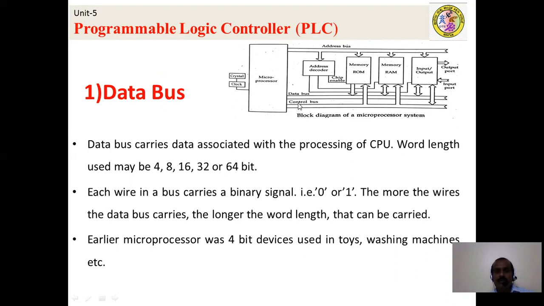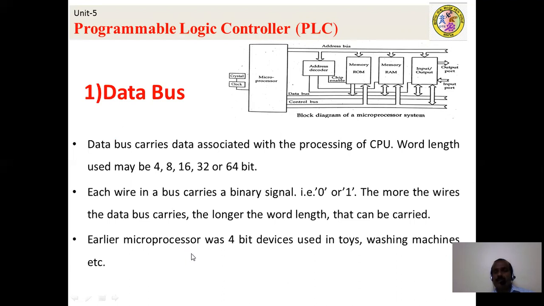Word length used for a data bus may be 4, 8, 16, 32, or 64 bit. Each wire in a bus carries a binary signal, either 0 or 1. The more the wires, the longer the word length that it can carry.